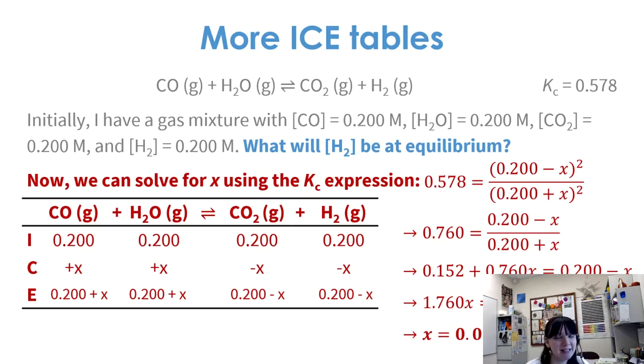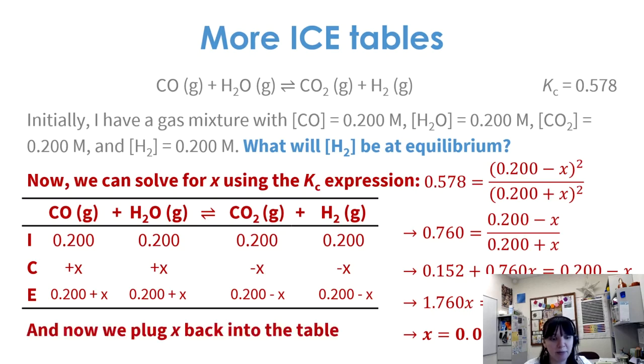So again, this X value is not necessarily my final answer here of the concentration of H2 at equilibrium, but it does play a role in that final concentration. If we look back at our ICE table, we can plug X back into the equilibrium line, and give us our final amounts for all of our different products and reactants.